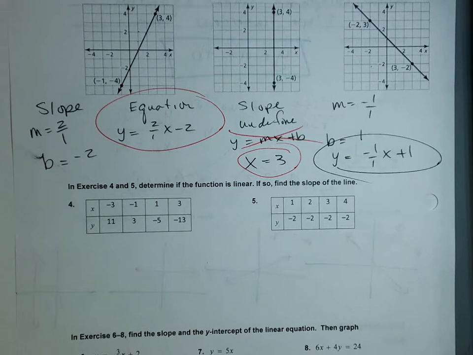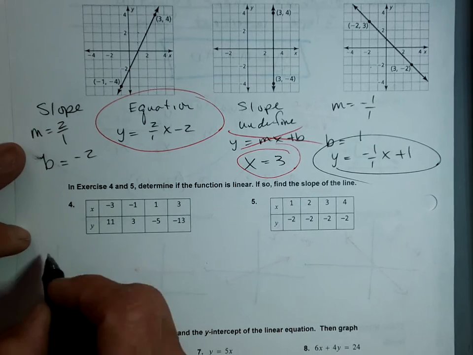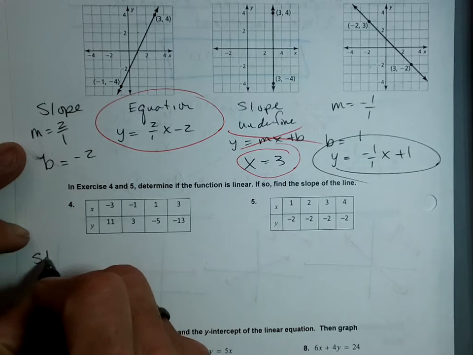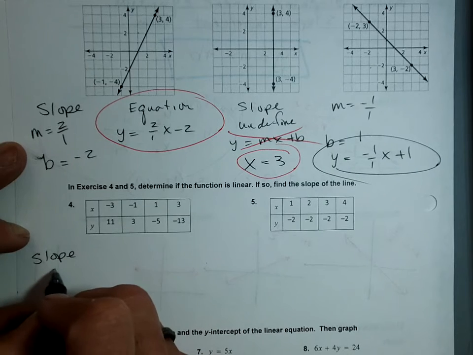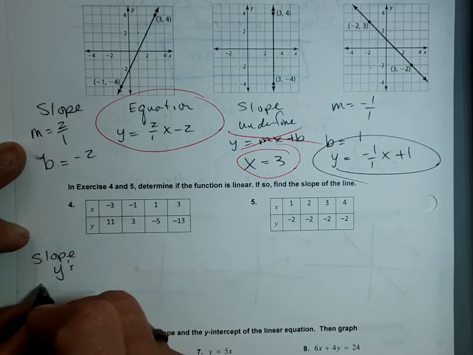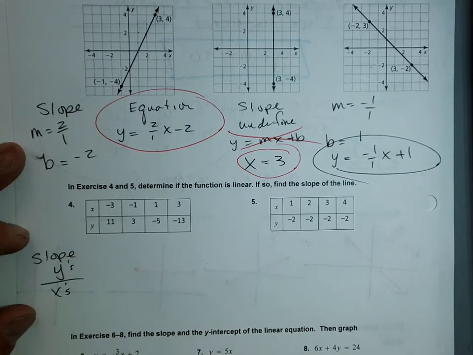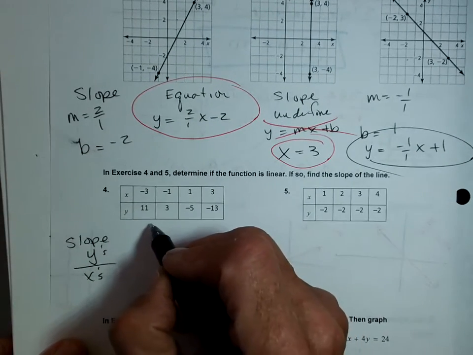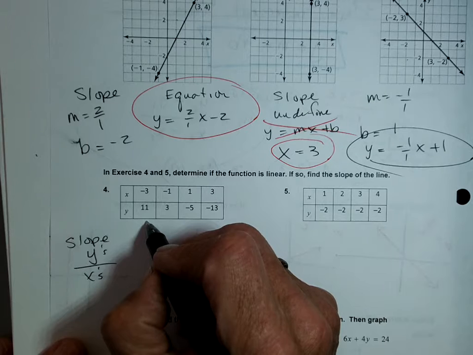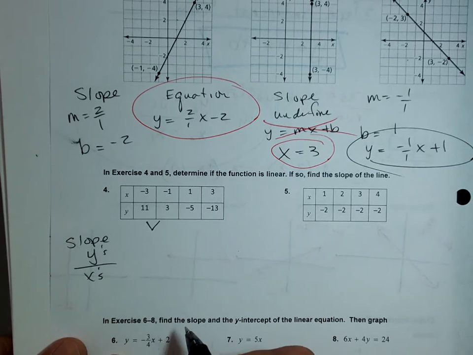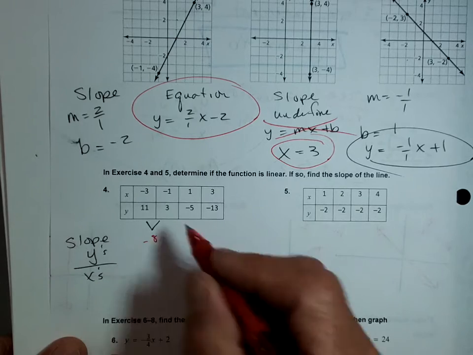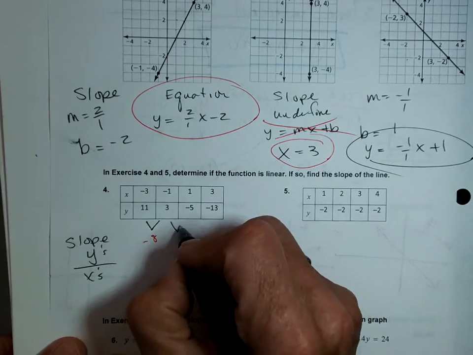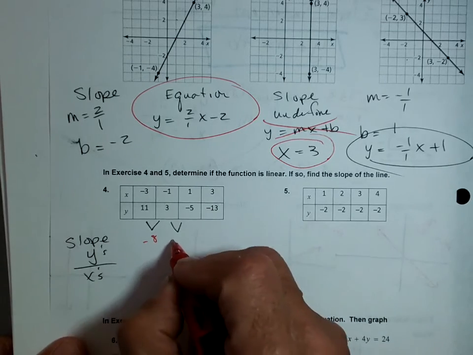Okay, example 4. Find the slope. Slope is the y's over the x's. What's the rate here?